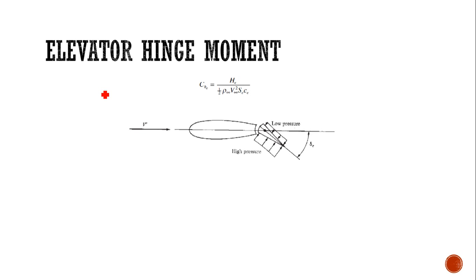These hinge type elevators also give some moments. The moment created by the elevator hinge is called the elevator hinge moment. We give the formula for the elevator hinge coefficient: CH equals HE divided by half rho infinity V infinity square S C into CE.